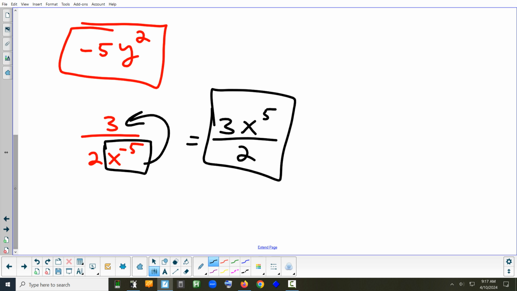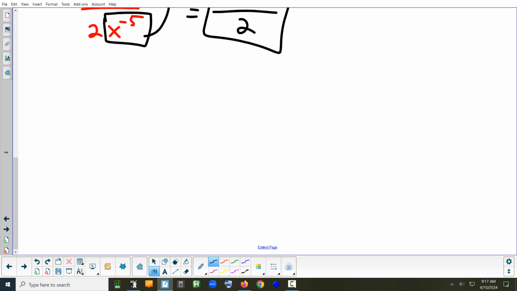Okay, let's do one more, and then we'll have you guys try some of the guided notes. Let's say we had x to the negative 4 over y to the negative 2. Is that a fraction? Yeah. Are there any negative exponents? Yeah. Tell me something that has a negative exponent.